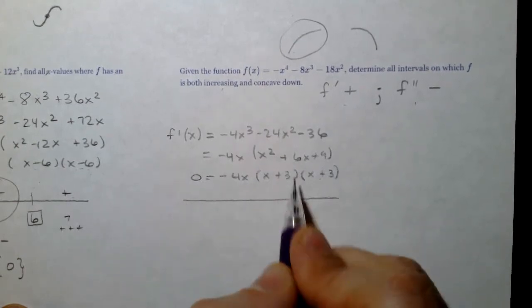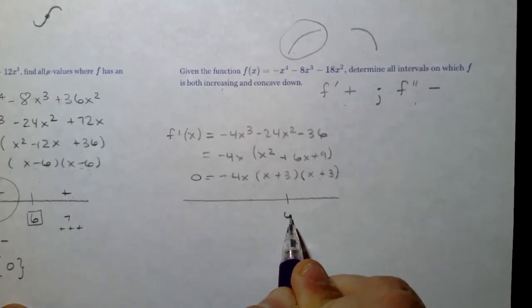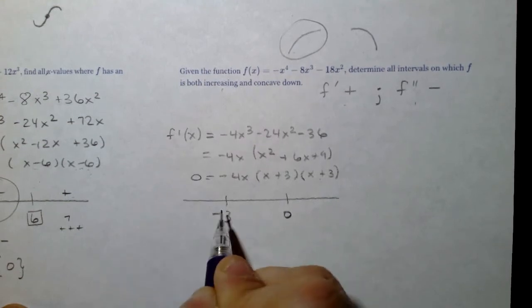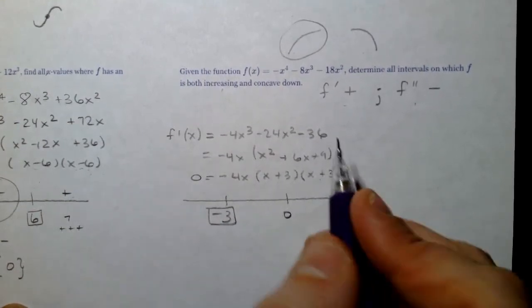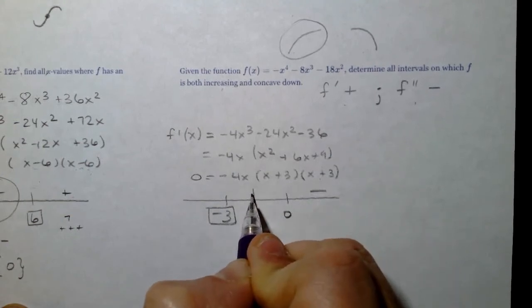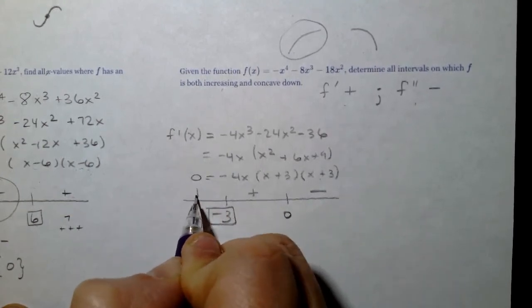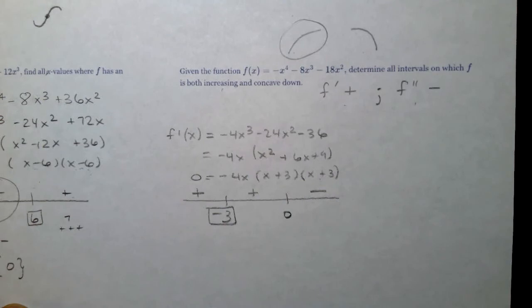So when I set up my number line and I look at 0 and -3, this is my double root. Checking my signs, checking my regions, this is what I get: negative, positive, positive. Then I can come down here and I can do f double prime of x.